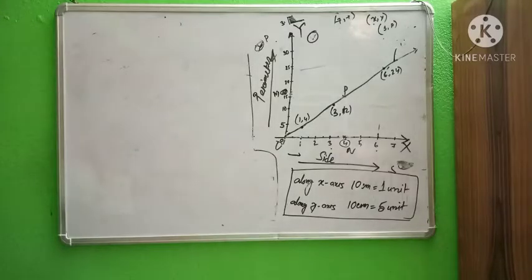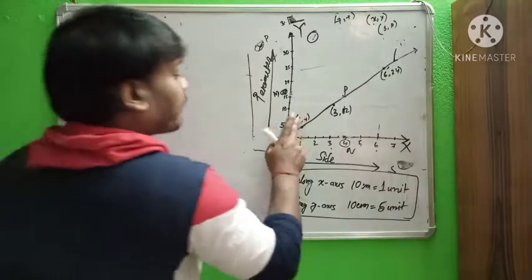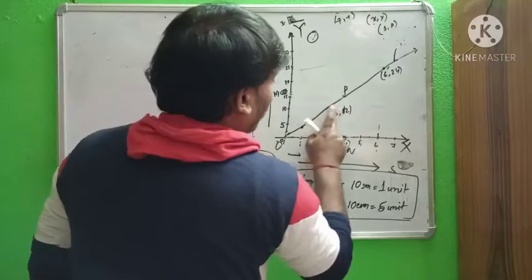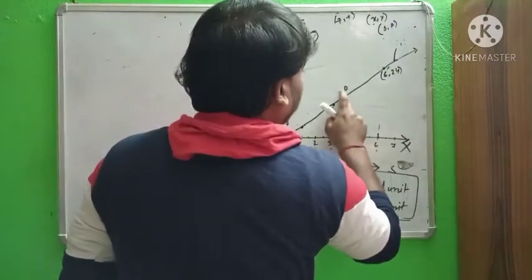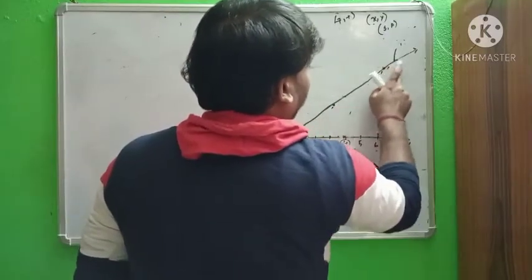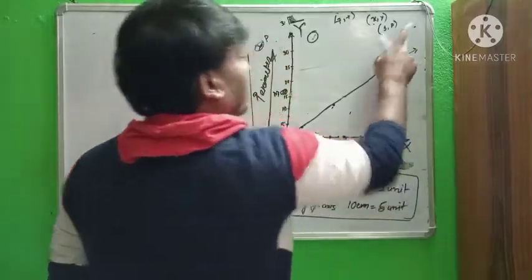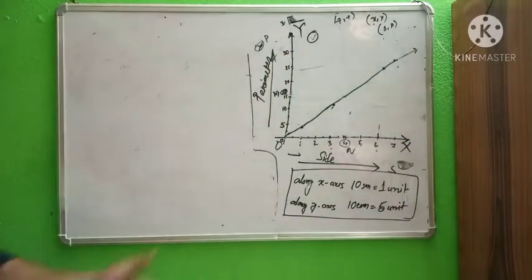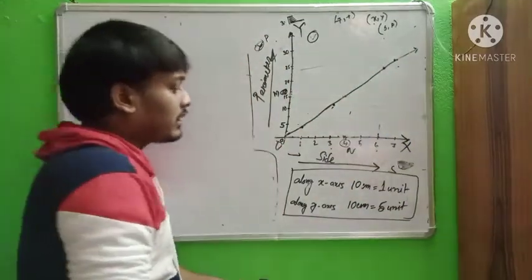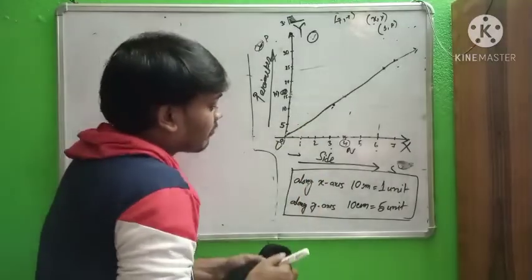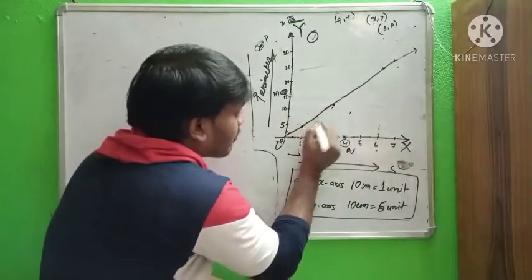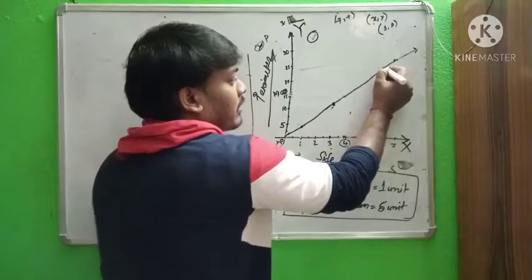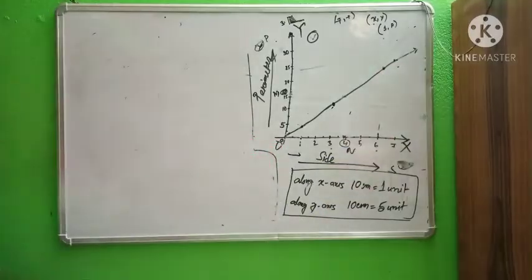Now the question is, if only the graph is given, we need to find the equation of the line. For example, this graph is given and 3 points are given. We can take any point.